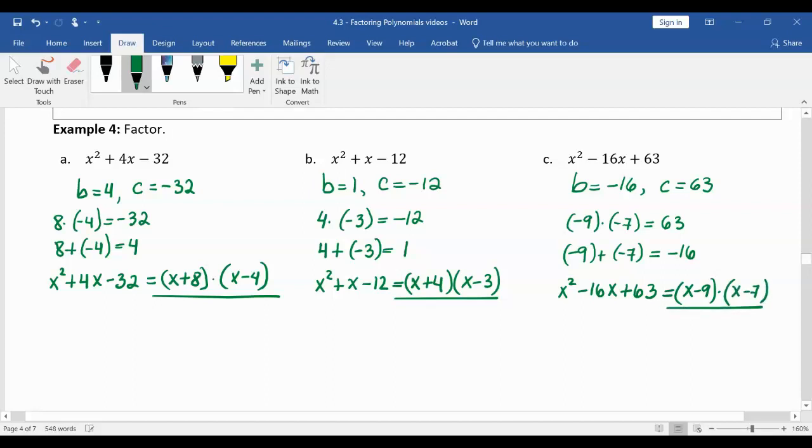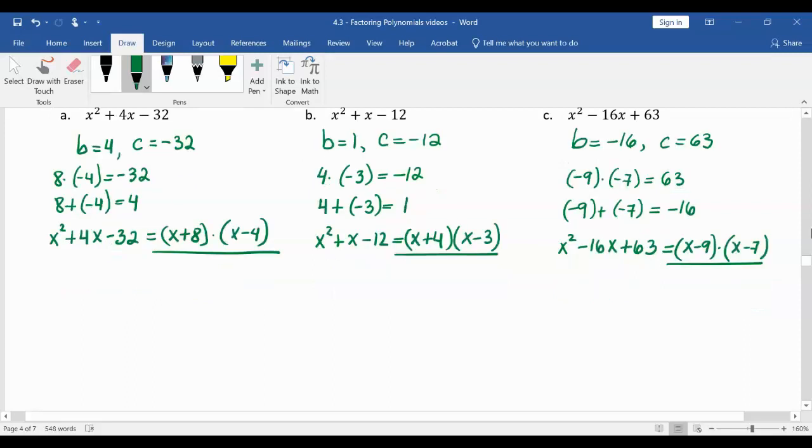To save time, I did not check my answers, but every time you factor, at the end, you should multiply the two factors, the two parentheses, and make sure that your result is the same as the initial polynomial. If we check our answer here, and we multiply the two factors, we get x times x, x squared, x times negative 7, negative 7x, negative 9 times x, negative 9x, negative 9 times negative 7, plus 63.